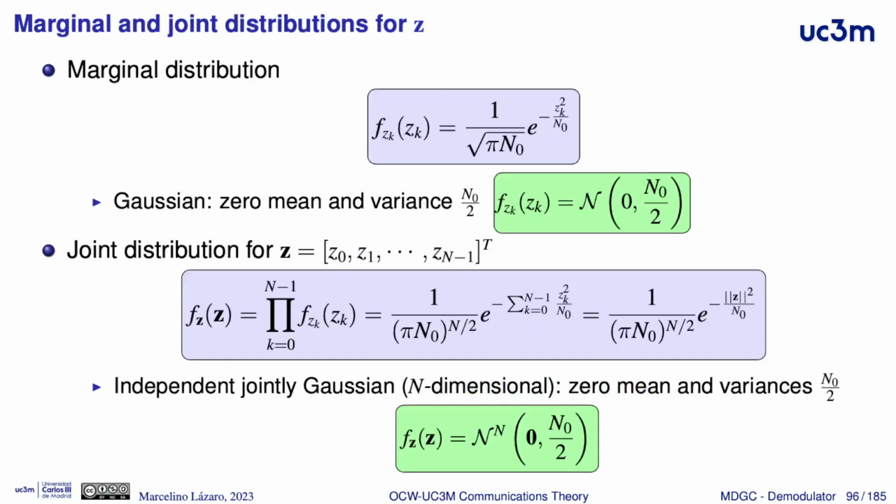So the coordinates are independent, and all of them have Gaussian distributions with 0 mean and variance N0 halves. This is the statistical model for every coordinate. And the joint distribution, taking into account the independence, is just given by the product, and we have a multidimensional Gaussian with 0 mean and variance N0 halves in every dimension.